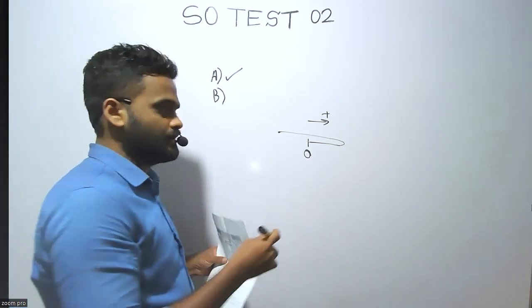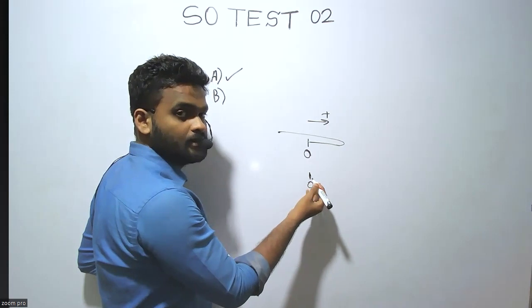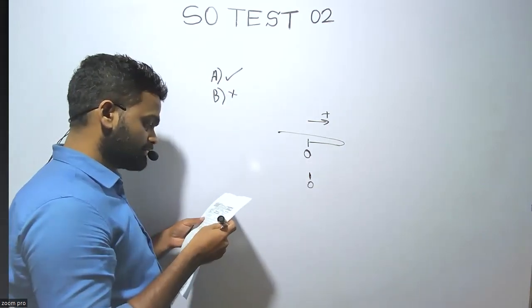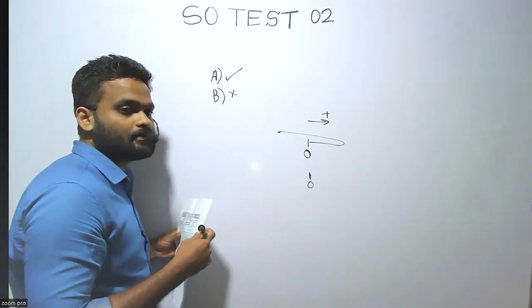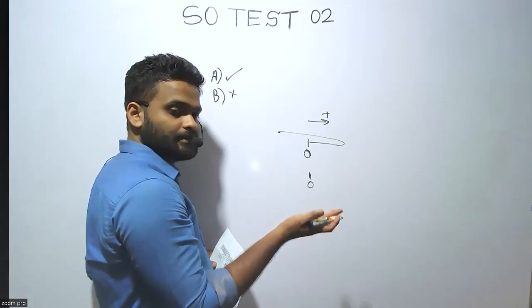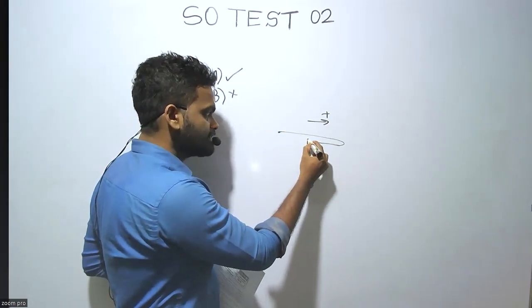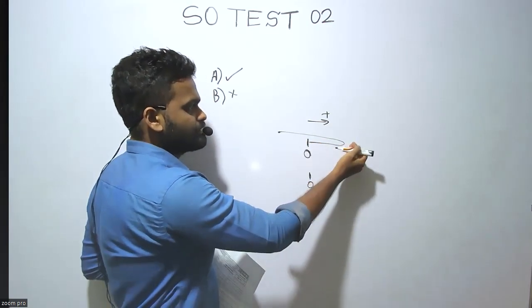Now B, distance cannot be 0. Distance can be 0, right? If you remain at the same place without moving, then the distance is 0. So B is not correct. Distance traveled does not decrease with time. Actually, the magnitude of displacement can decrease with time, but distance does not decrease because distance only adds up, this plus this.